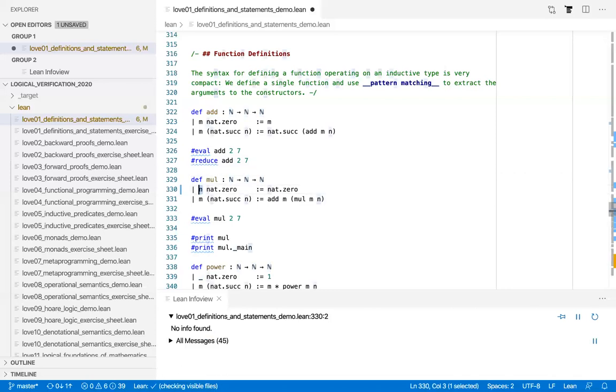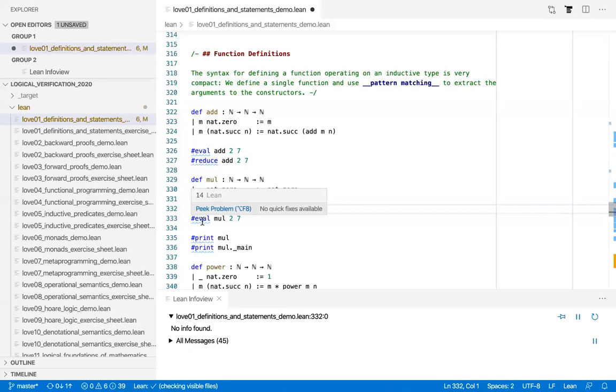So something multiplied by 0 gives 0, and something multiplied by successor of something is, well, you continue recursively with the multiplication and then you add m. So again, this is pure, either algebra or functional programming. And here we can evaluate 2 times 7 is 14.